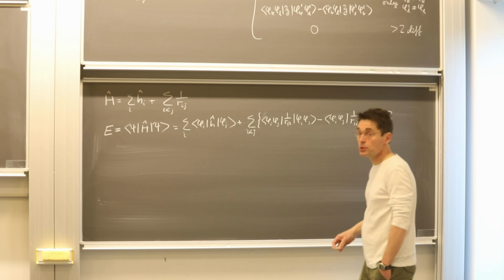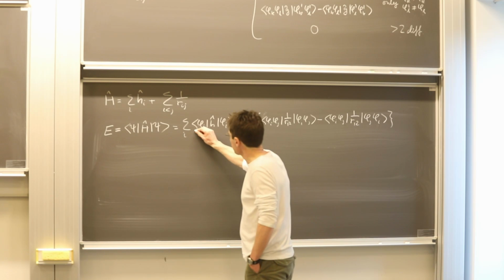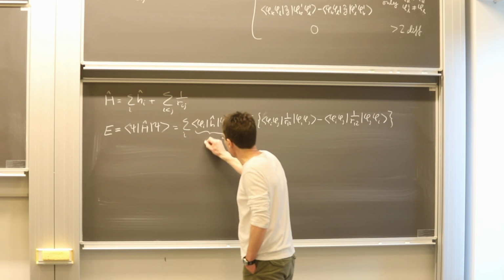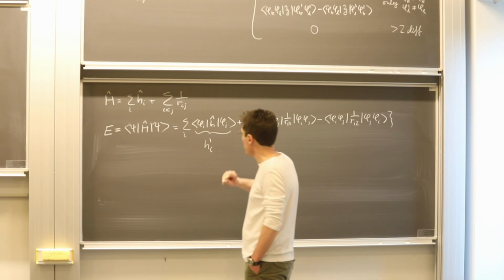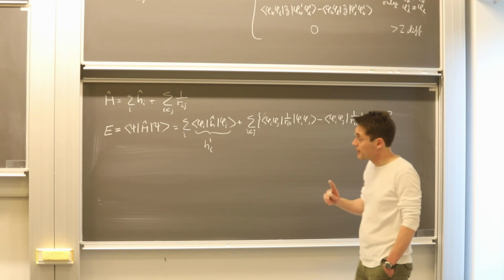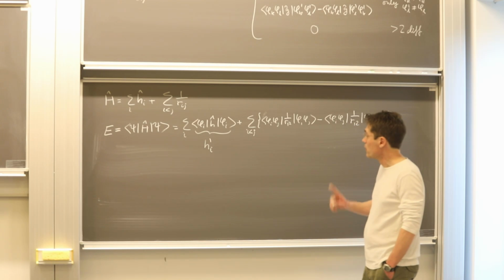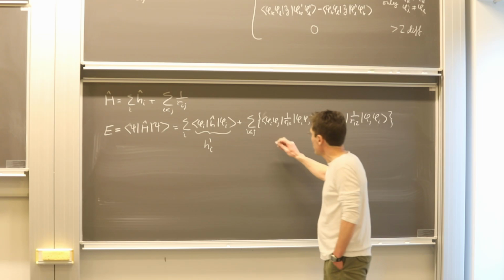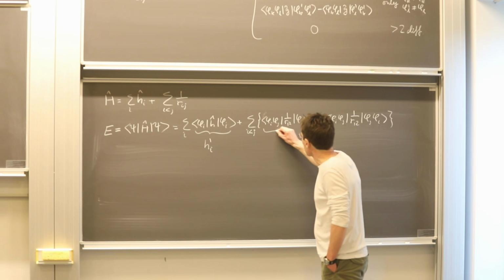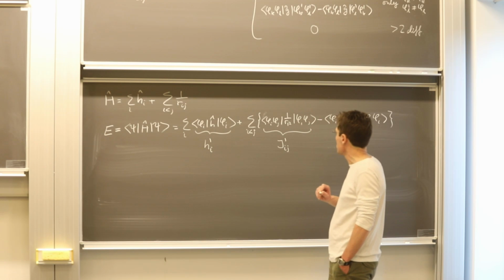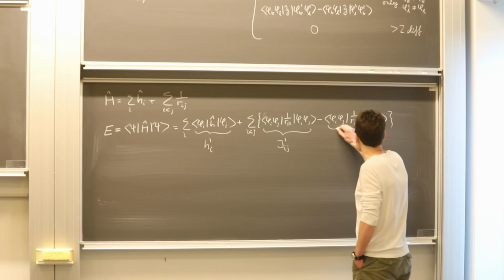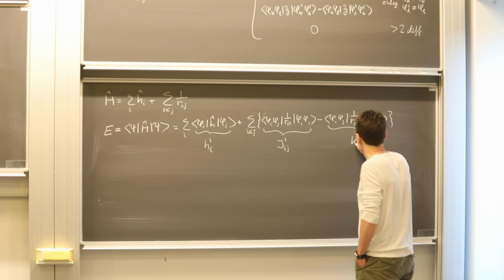So let's again introduce some notation. This is the single body part, and for now I will call this integral h I prime. Now this prime has a different meaning from what we just used, but I will explain in a minute. Then this two-body integral I will call J I j prime as well, and then there's the final one here, which is called K I j prime.